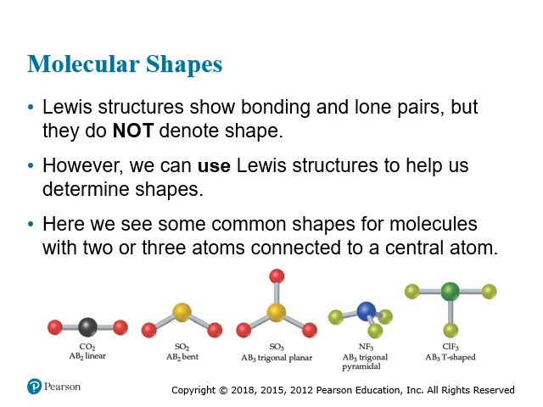At the bottom of the slide, we see 5 different molecules in which we see 2 or 3 atoms connected to a central atom. In the first instance, we have carbon dioxide, followed by sulfur dioxide, sulfur trioxide, nitrogen trifluoride, and chlorine trifluoride.